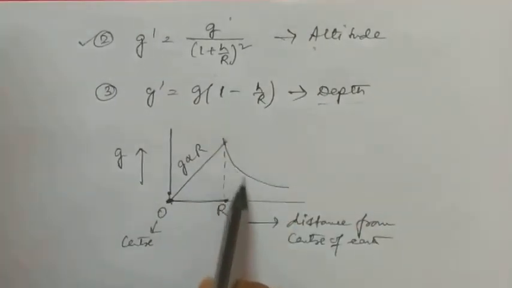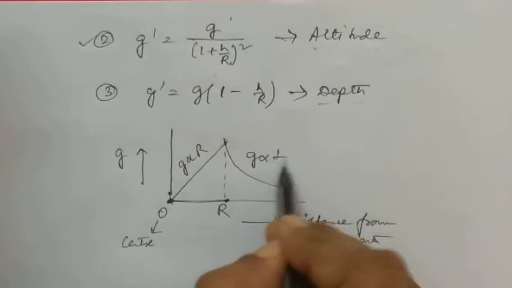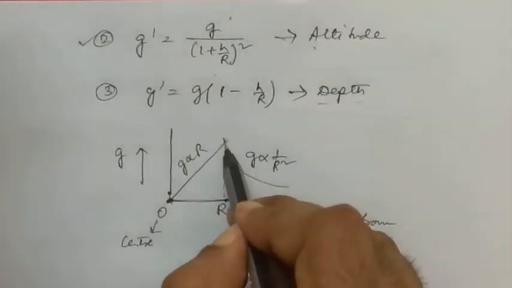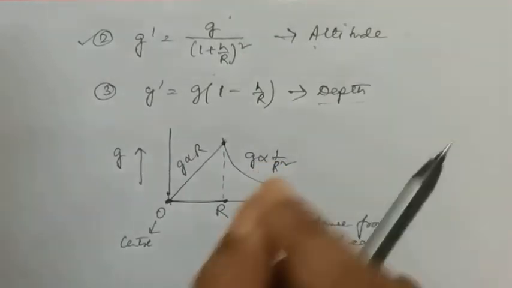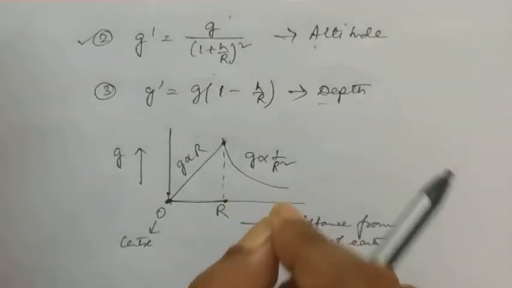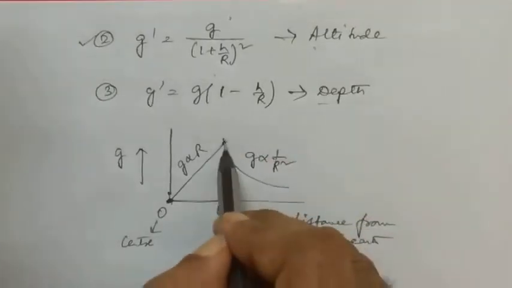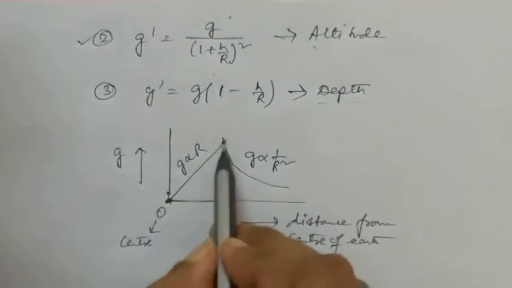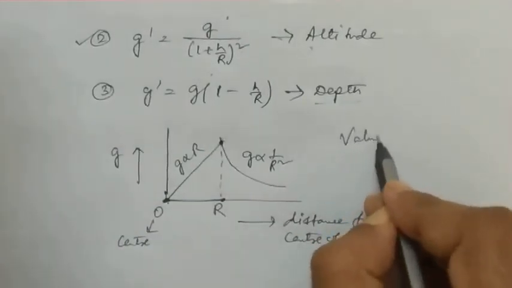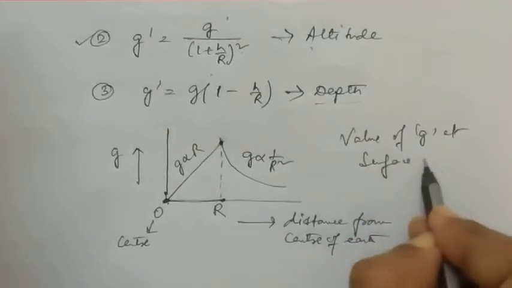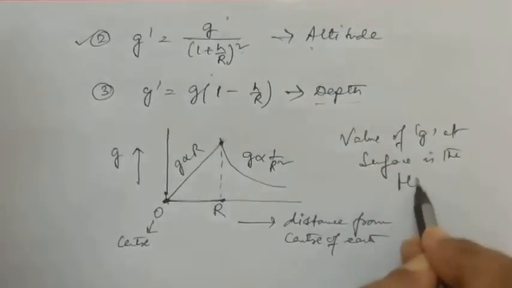The graph will be inversely proportional to 1 by r square. So the value of g at the surface is the maximum. We have to keep in mind this fact, that the value of g at the surface of the earth is the maximum.